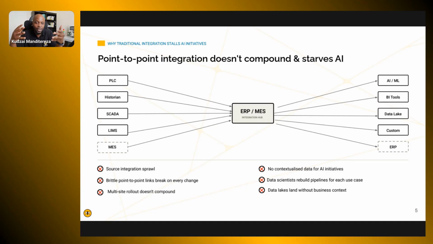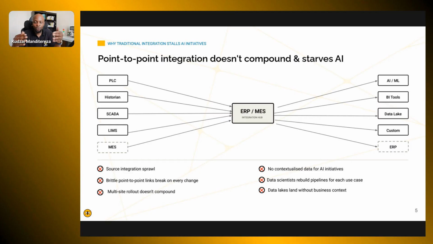So the work of adding that context has to happen somewhere. Because you don't have that place where you can find all the contextual data, your data scientists end up having to build data pipelines for each and every use case. Every AI use case has to have its own data pipeline.